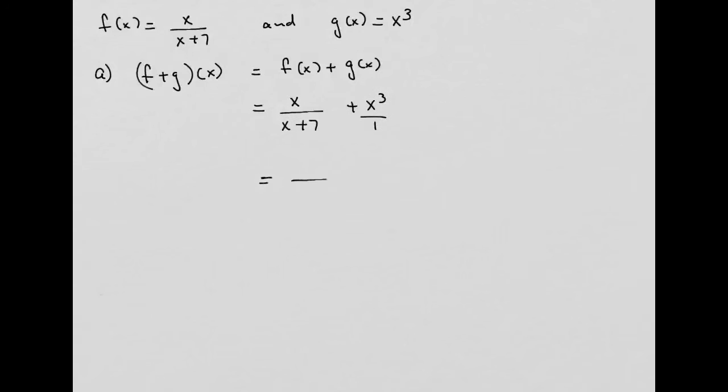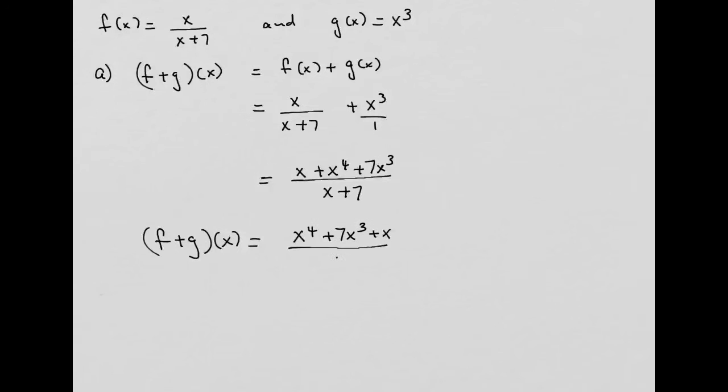Finding the common denominator, which is x plus 7, the numerator can be written as x plus x to the 4th plus 7x cubed. Writing this in correct order, f plus g of x is x to the 4th plus 7x cubed plus x over x plus 7.